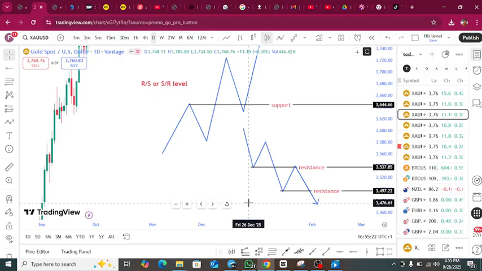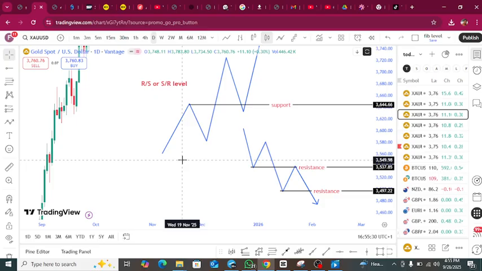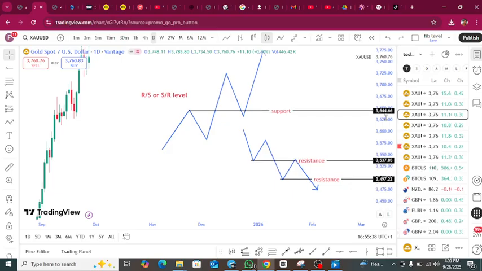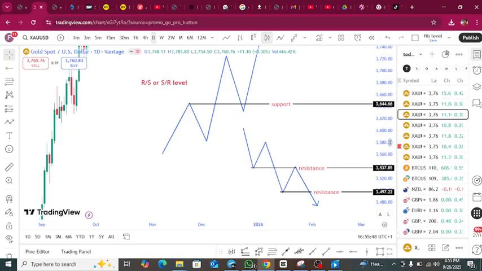These are the levels that the institutions use, and price always does two things: they respect or they break out. Those are the only two things that price will do once it gets to those levels. So once you know how to mark them, all you are looking out for is just that breakout or a rejection. That's all you are looking out for.